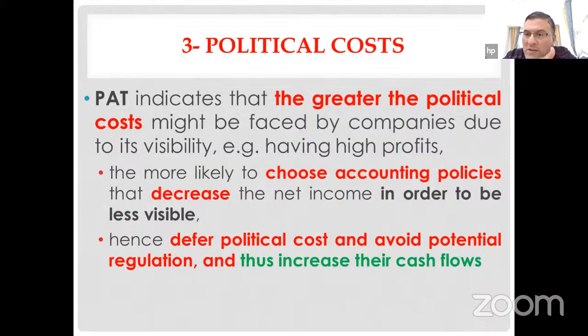The third factor that positive accounting theory mentioned is known in the literature as political costs. Positive accounting theory indicates that the greater the political costs that might be faced by companies due to their visibility. What is the meaning of visibility?